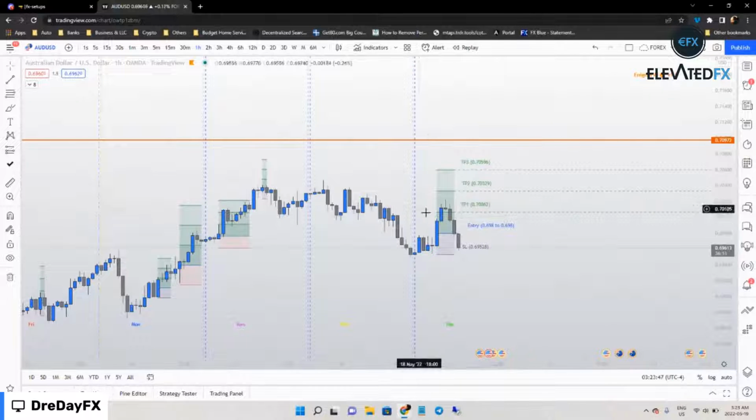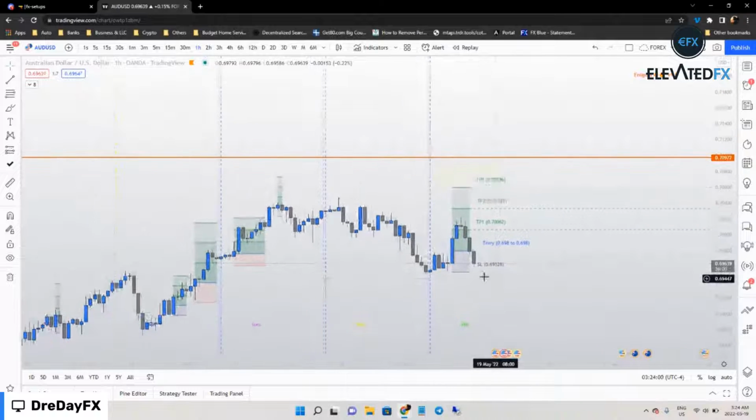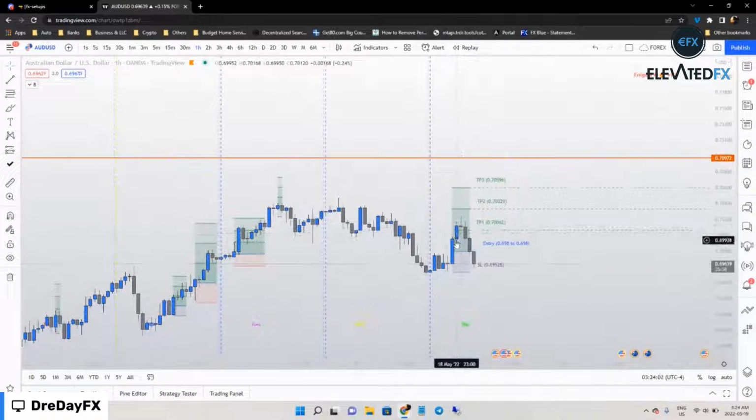And right now, as you can see, it was a good setup, but it went to TP1. And then right now it's reversing here. Okay. So it was still a good setup here for a couple of pips, if you were in at the entry price, if you already had market execution, so 0.66948.